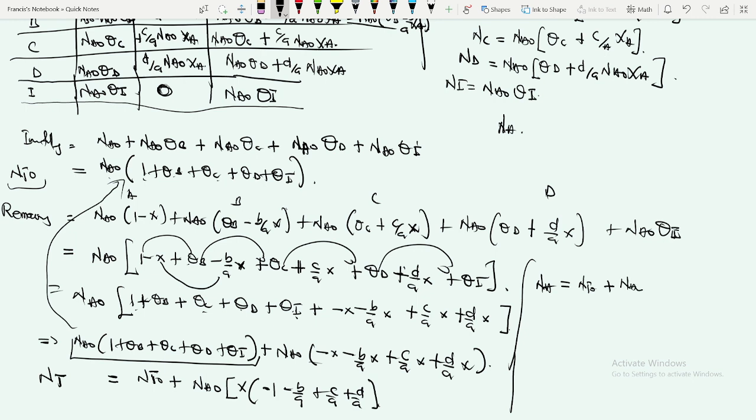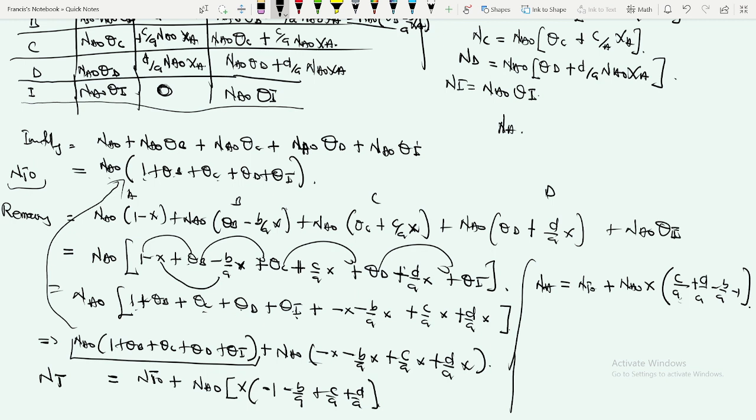So N_A0 x multiplying what we have here. You are writing them all to bring the product first because they are positives. So c over a plus d over a minus b over a minus 1. Right. So we have this term.